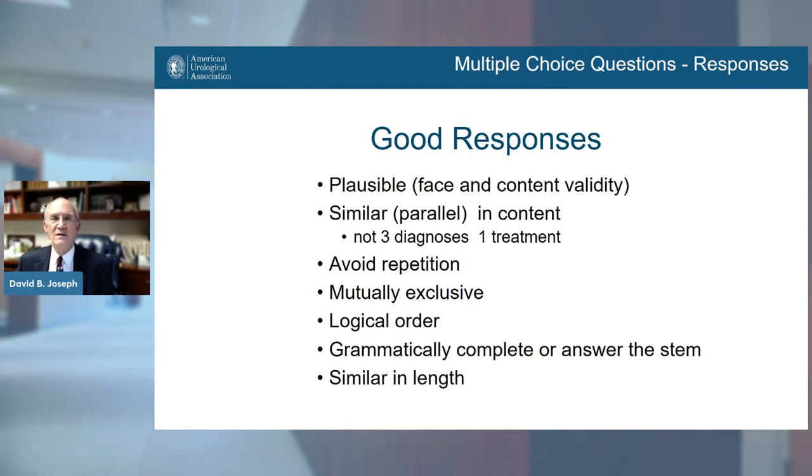When you're reading through something, you're going to think of simple responses and then move through. You want to make sure that your responses are grammatically correct and complete the answer of the stem. And while important but not as critical as the others is trying to have responses that are similar in length.